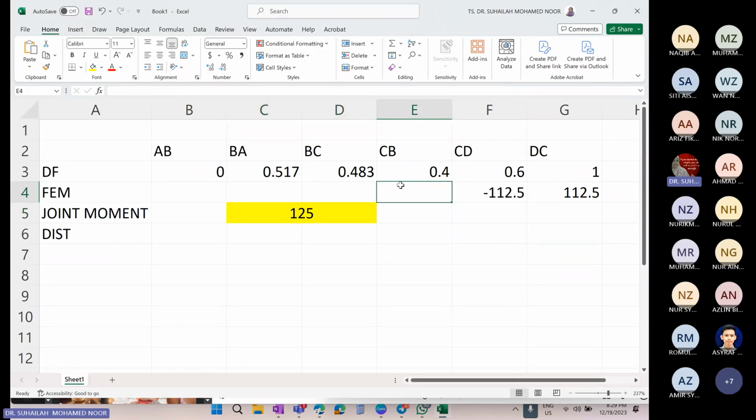But for CB and CD, joint moment at C means C is a combination of CB and CD. When we combine this 0 and negative 112.5, we get negative 112.5. But we have to change sign to translate this to joint moment. So joint moment for C is positive 112.5.